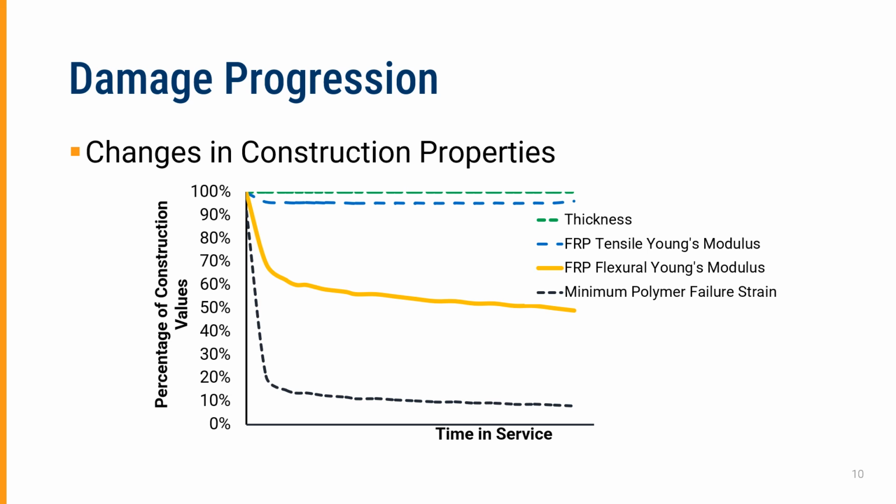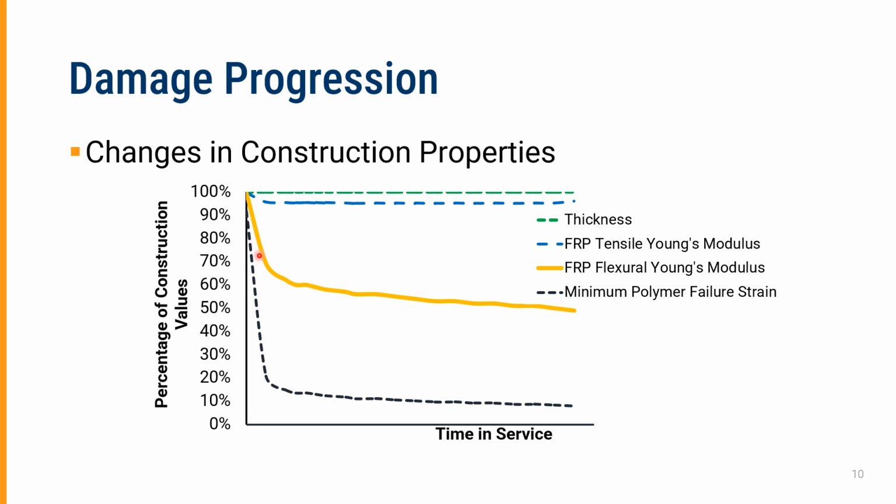FRP tensile Young's modulus. This isn't strength, it's modulus. The Young's modulus in tension will decline by maybe 3%. You can get a decline of 20% in very, very weak FRP with very little glass reinforcement.